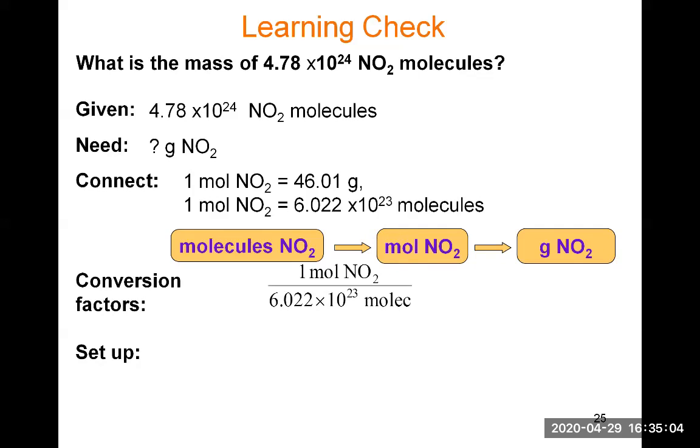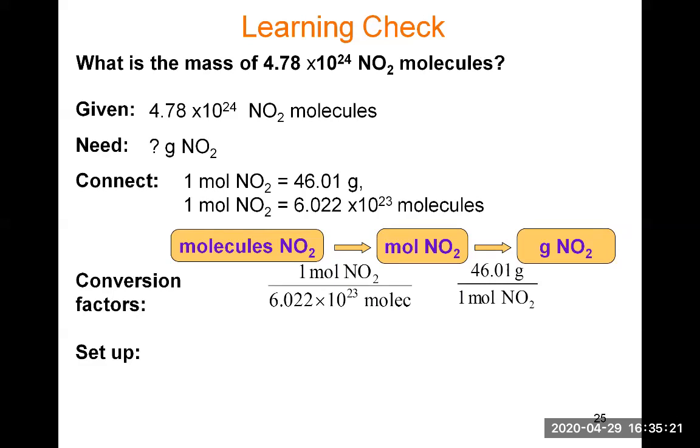Then the second conversion factor should change the moles to grams. So we will cancel the units of moles: we want the second conversion factor to have the moles on the bottom and the grams on top.